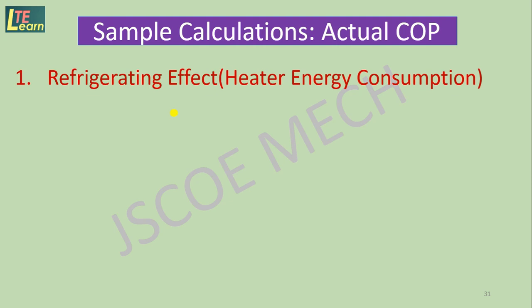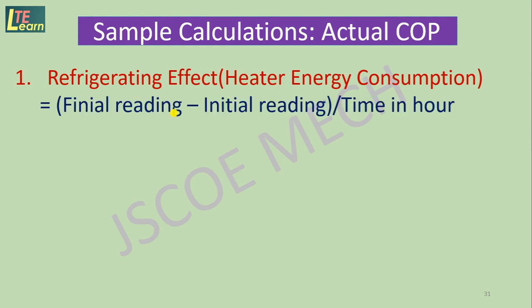During that, the heater energy consumption taking place is equivalent to the refrigerating effect, meaning the output of the system. It is given by this formula, that is final energy meter reading minus initial energy meter reading of the heater divided by time in hours.